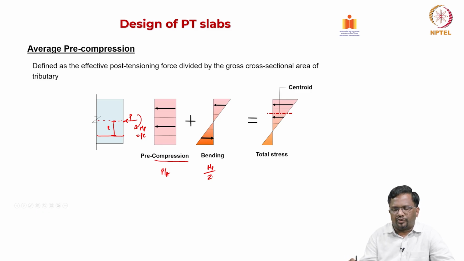So, this is the total stress, and this is your average stress at the centroid location. The important factor is how much pre-compression you should choose.